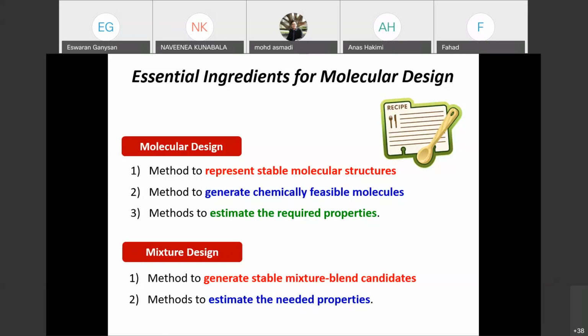This is a core part actually, but today is just general information. But you have to know the difference between molecular product as well as mixture.